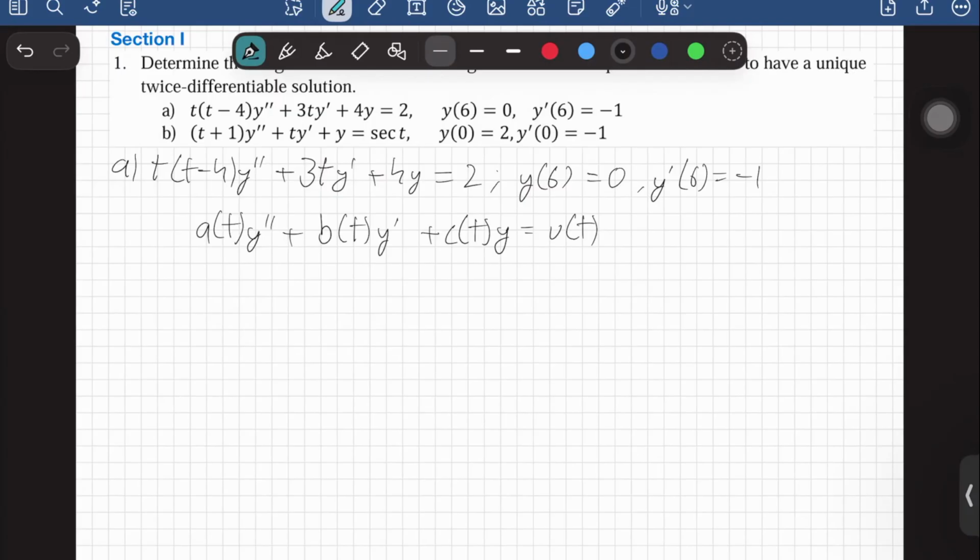So our goal is just to convert this equation into something like this. Obviously, the equation given to us in the question is not in its standard form, right?